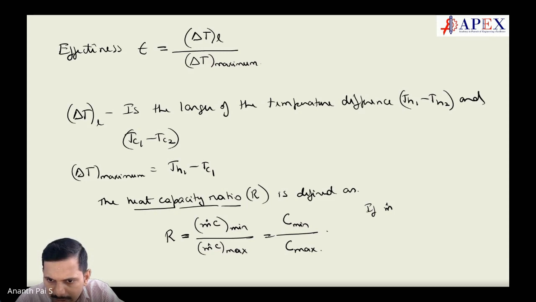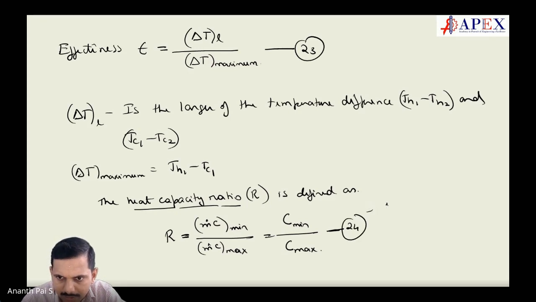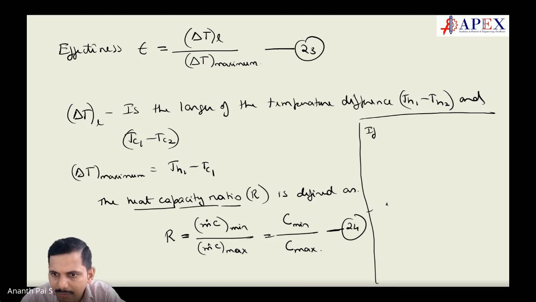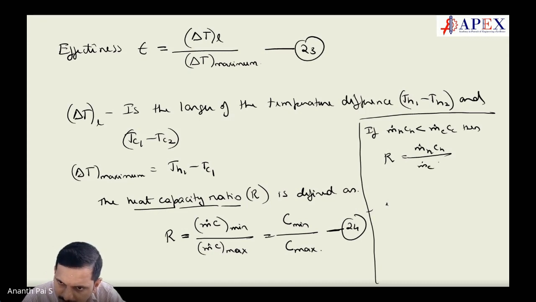Write this as equation number 23, this is 24. Now I'll write it here so that I'll get more space. If m dot hCh is less than m dot cCc, then R is equal to m dot hCh divided by m dot cCc.